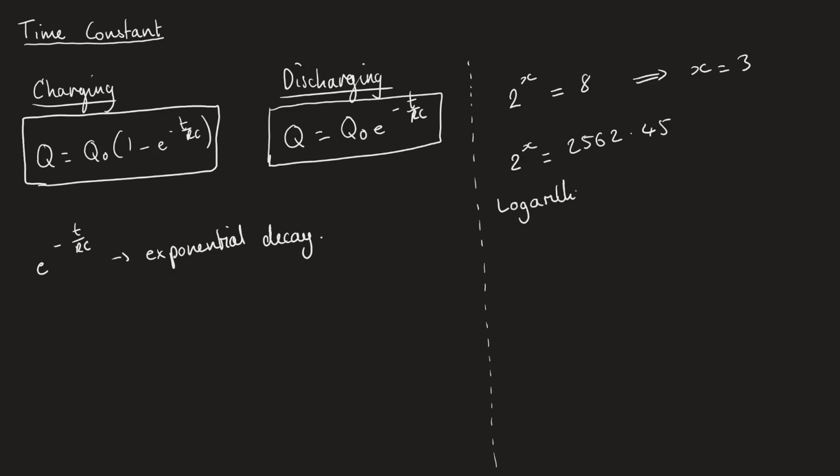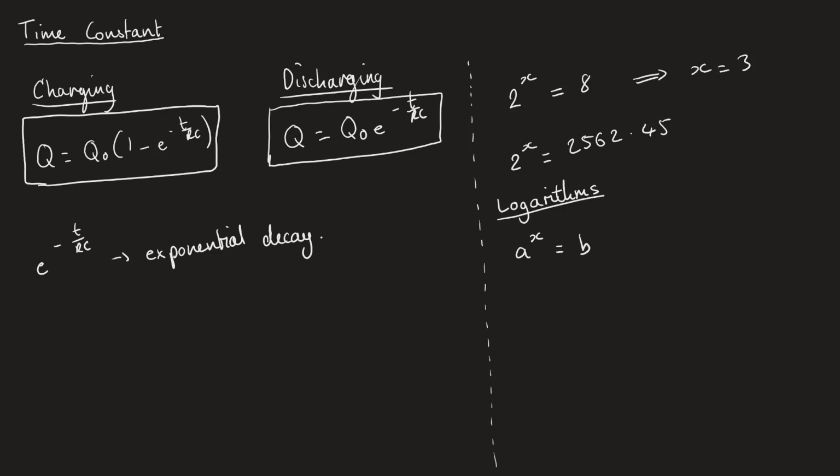Logarithms are the inverse function to powers. Just as you can multiply and divide, or add and subtract, logarithms are the opposite of putting something in a power. They allow us to take something out of the power. In general, I could write a to the power of x must be equal to b.